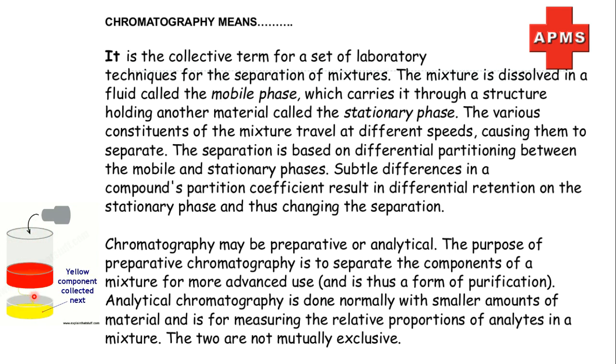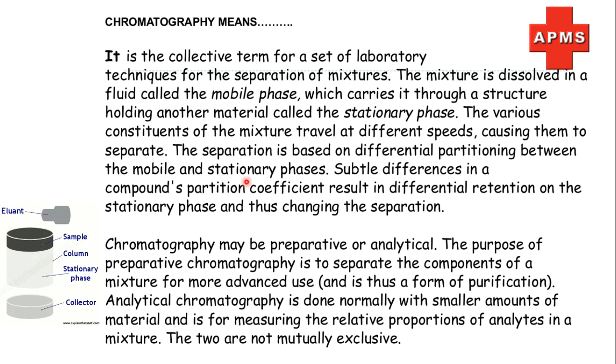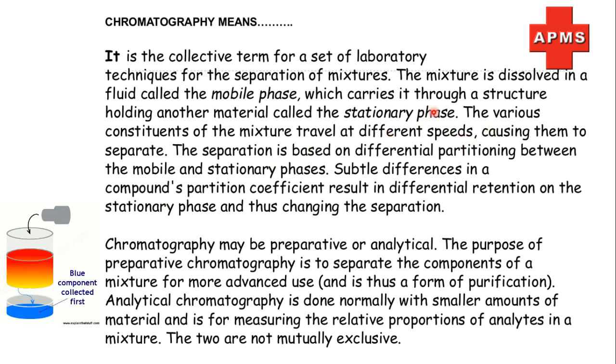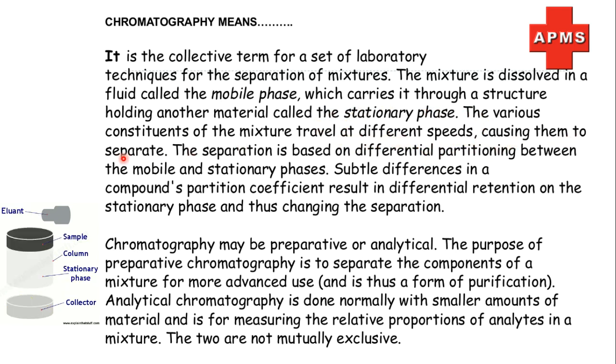This sample is traveling through this column, which contains the stationary phase, with different speeds. As I said earlier, these different speeds depend on the extent of adsorption or the extent of partitioning, causing them to separate.